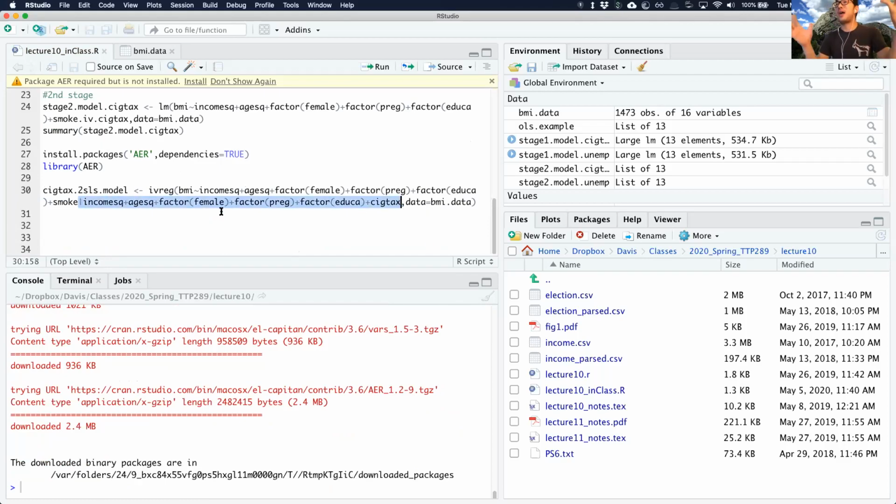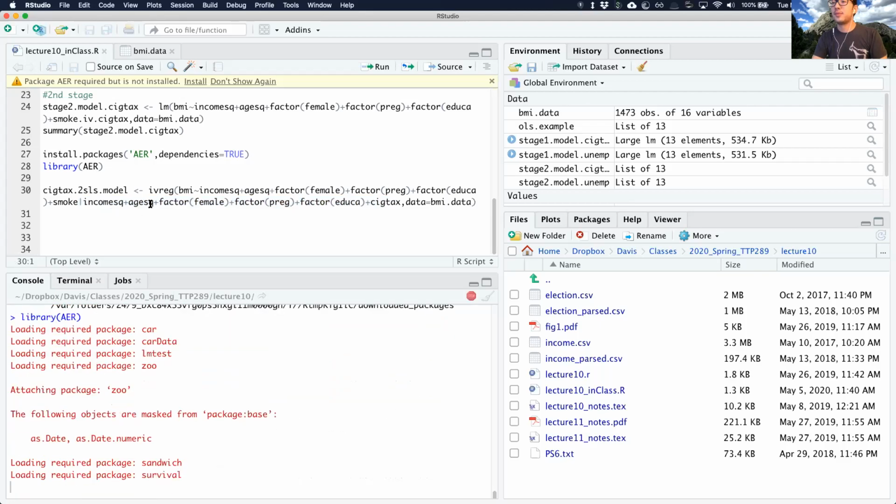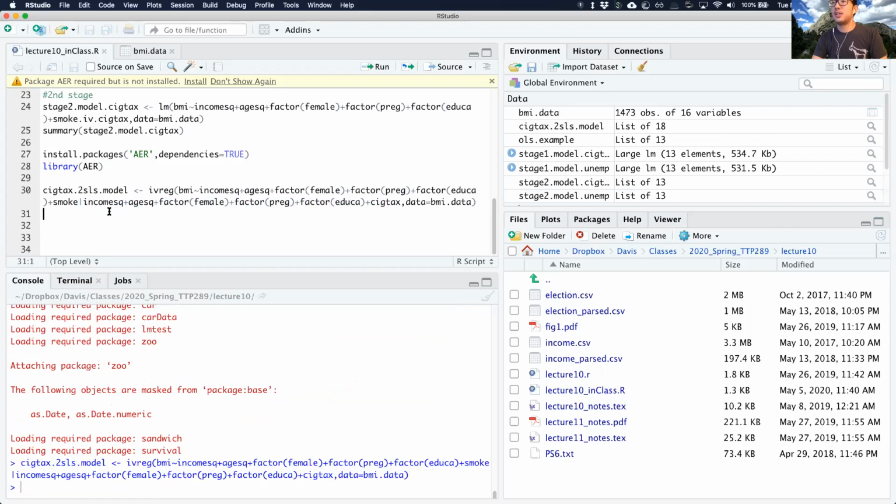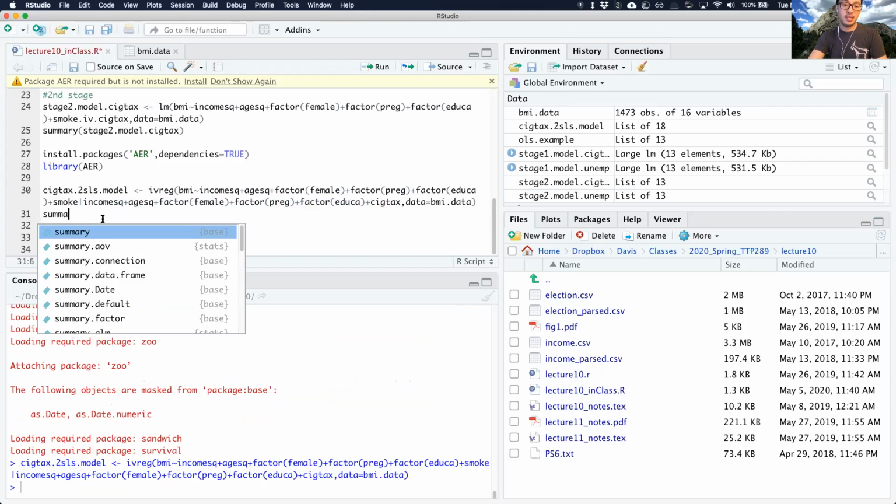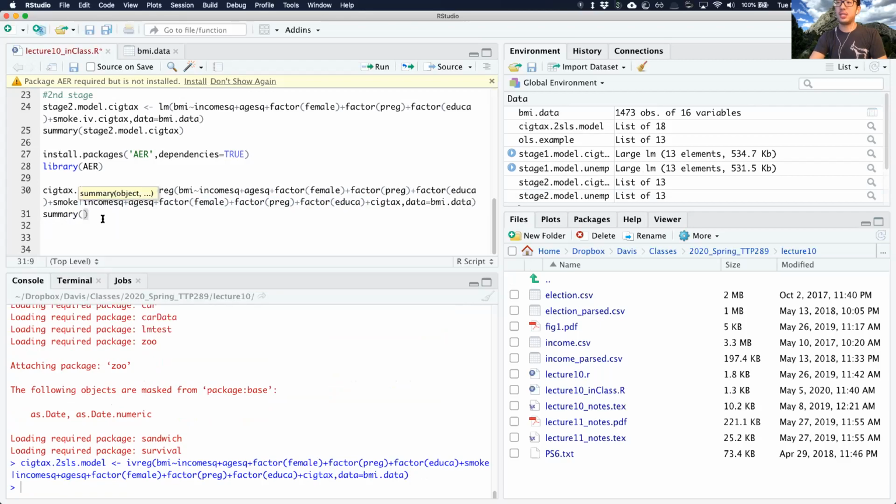So it wraps everything into one line of code, but it's indicating two levels of regression. Okay, so I can run that model, and we can take a look.